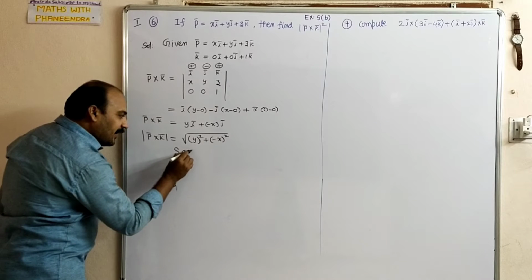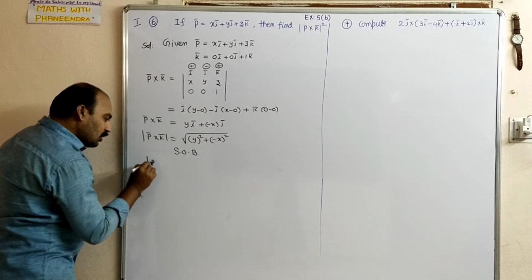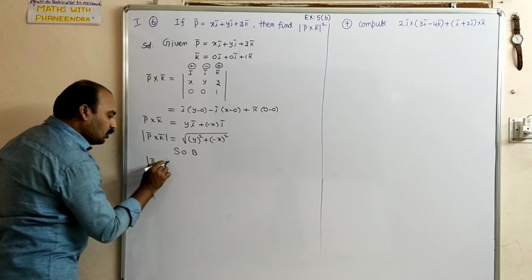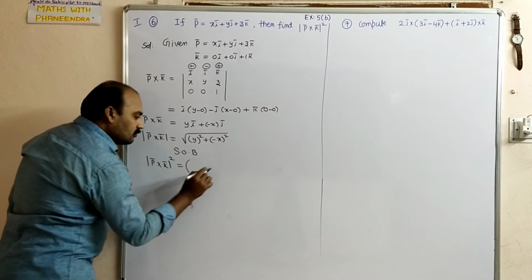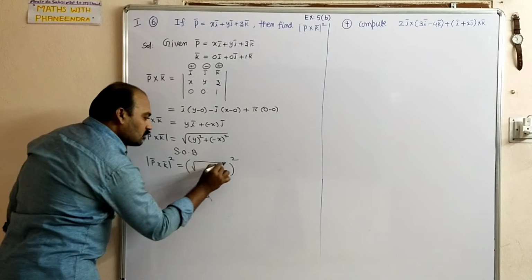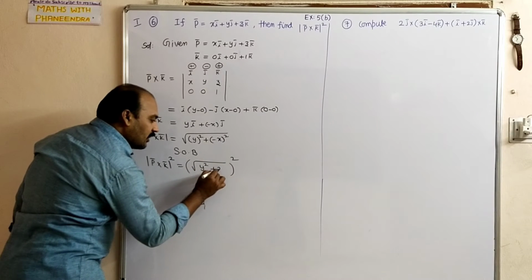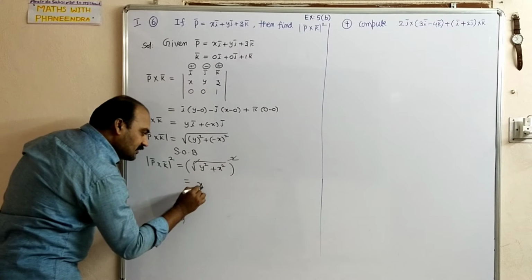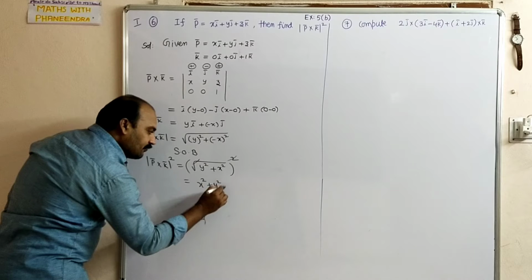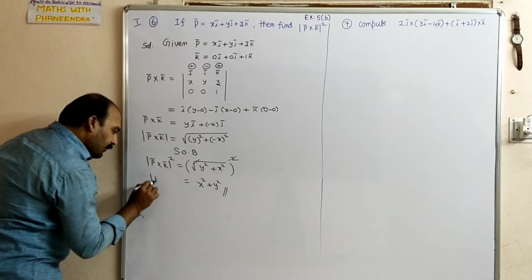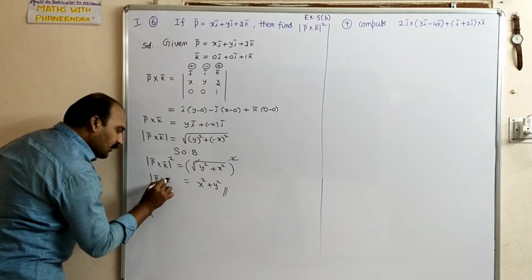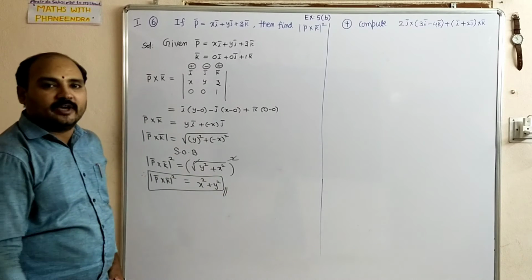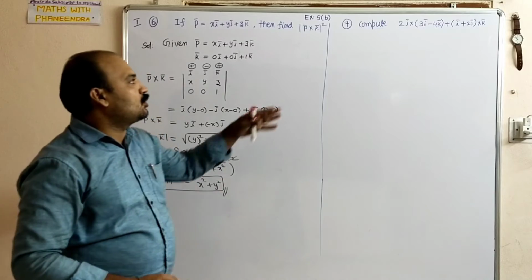Squaring on both sides, the magnitude of P bar cross K bar whole square equals y square plus x square, as the root and square cancel. Therefore, the magnitude of P bar cross K bar whole square equals x square plus y square. We will move to the next question now.